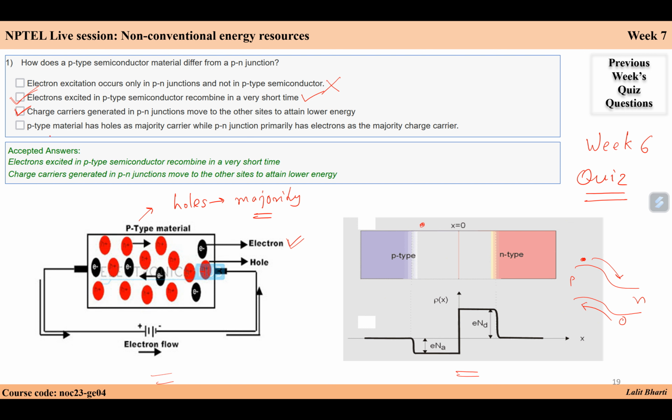Then the fourth: P-type material has holes as majority carriers, correct, while a PN junction primarily has electrons as the majority carriers. But this statement is not correct because a PN junction has electrons and holes both, like shown here.